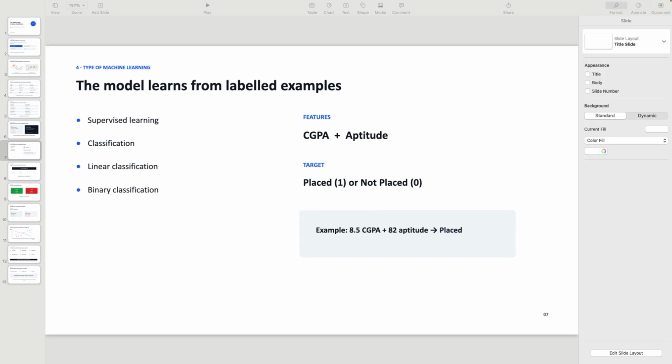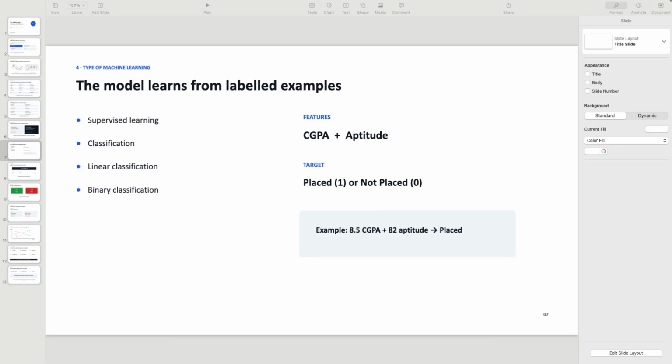The perceptron belongs to supervised learning, classification, linear classification, and binary classification. In supervised learning, the model learns from labeled data. Labeled data means we have an idea of the dataset. For example, CGPA 8.5 and aptitude score 82 gives a higher chance to be placed.